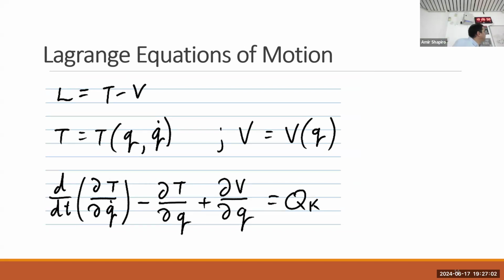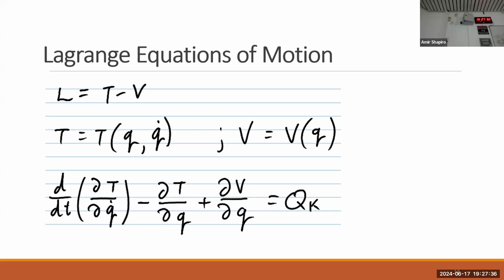So to conclude, Lagrange equation of motion: the Lagrangian is the kinetic energy minus the potential energy. The kinetic energy is a function of q and q dot. And the potential energy is a function only of q, like mgh, or kx squared. So it's a function only of q.